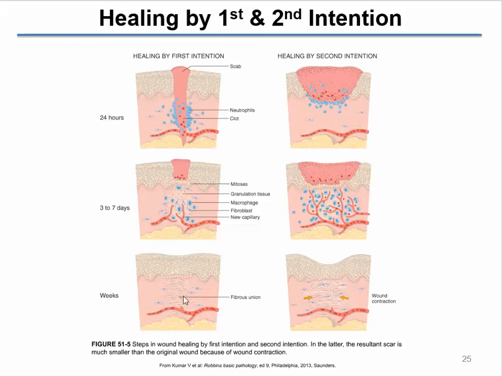These collagen fibers bridge the gap, and we end up with intact blood vessels and a little bit of scar tissue and the epithelium completely healed and normal. The scab falls off here as the epithelium pushes up and the scab gets removed, and that's first intention. There will be a scar, but it will be minimal and it's very straightforward.